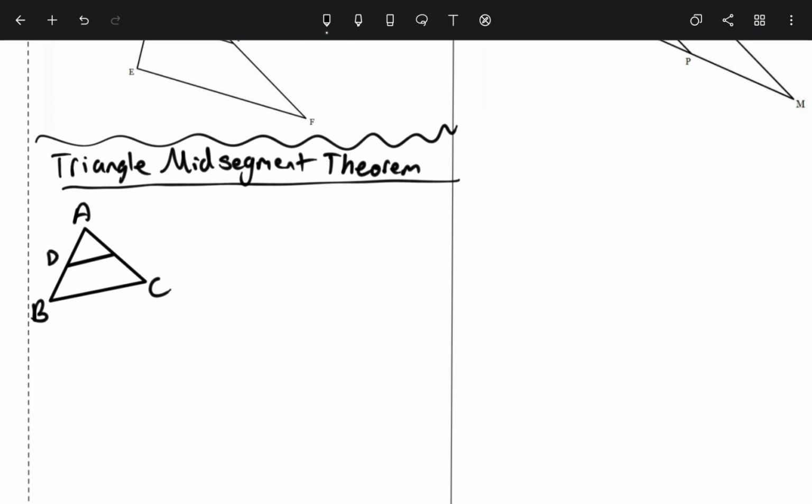We're calling the mid-segment DE. So if DE is a mid-segment, which means it splits both of these two sides in half.